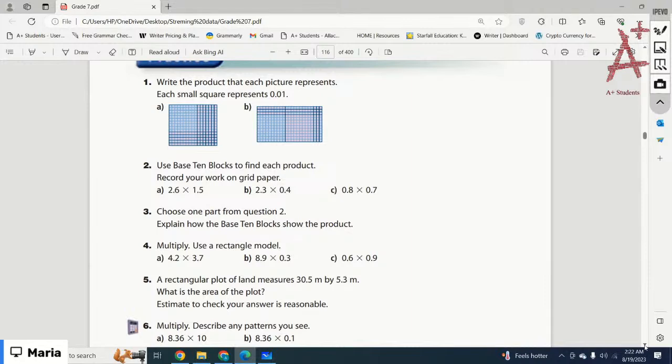Use base 10 blocks to find each product. The product is 2.6 times 1.5.